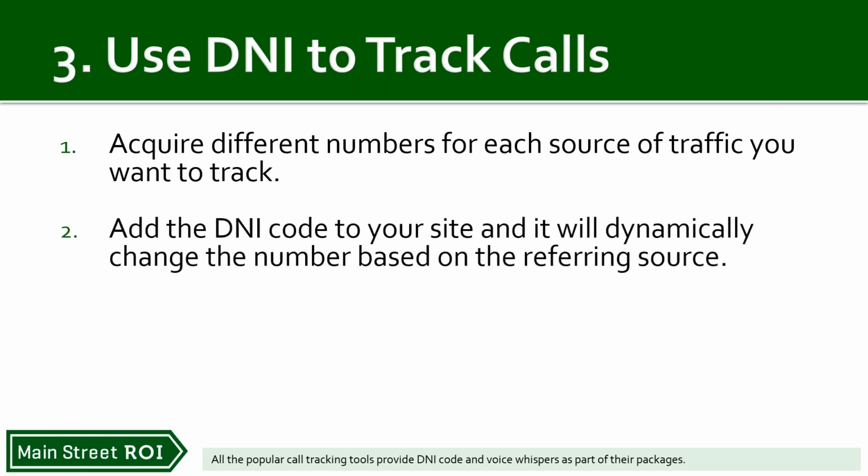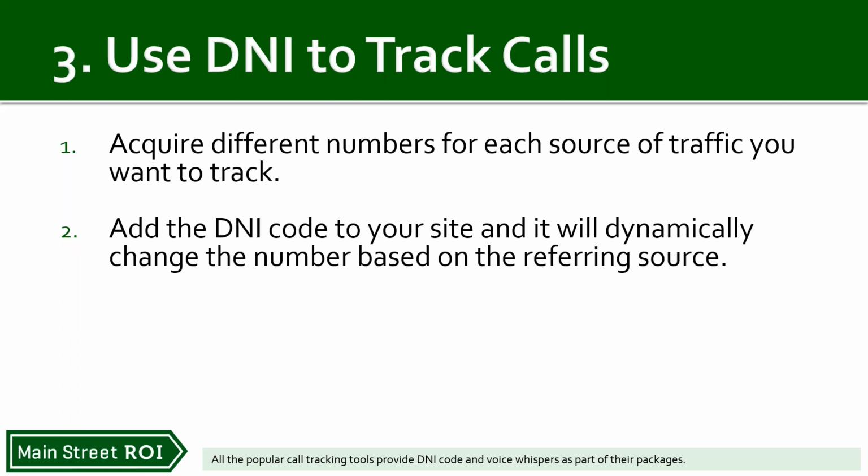Then you would add the DNI code. I know Convirza would just give that to you. So any call tracking tool, they all have DNI tracking, and they would supply you with the code that you just copy and paste, put that on your site.